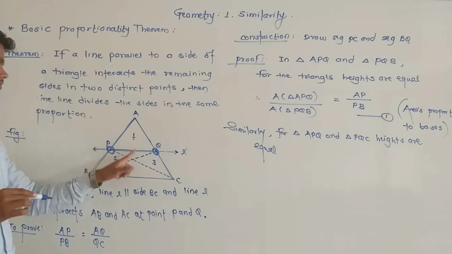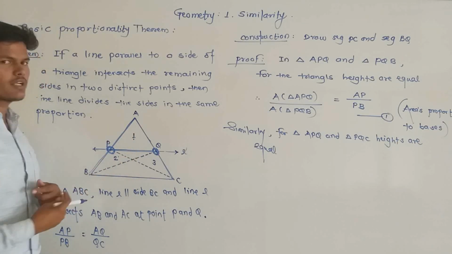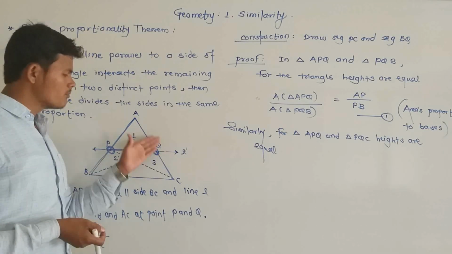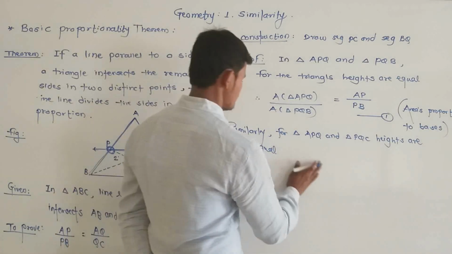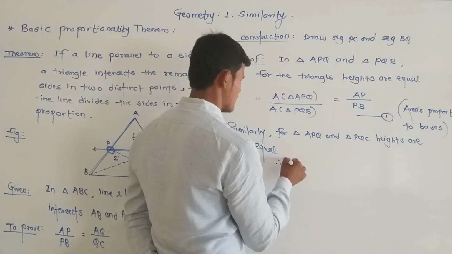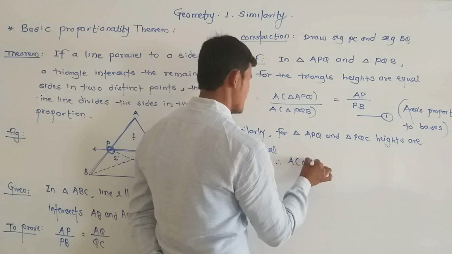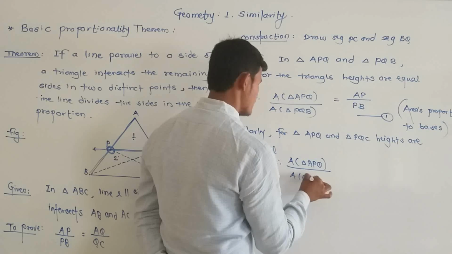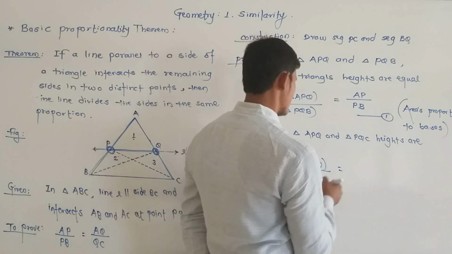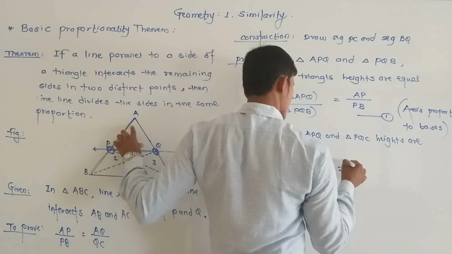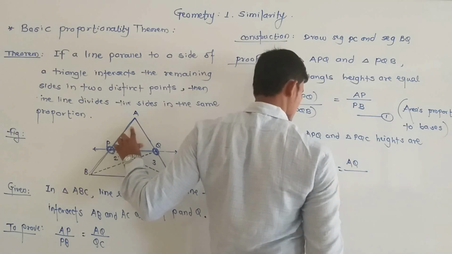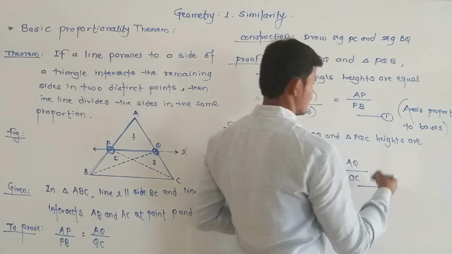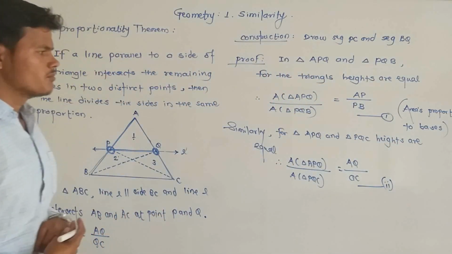Both the triangles share one common vertex, that is P. And if two triangles share one common vertex, then their area is proportional to their corresponding bases. So write down the ratio of areas of triangles. So the ratio of area of triangle APQ and area of triangle PQC is equal to, area is proportional to their bases. So for triangle APQ, the base is AQ, and for triangle PQC, the base is QC. This is equation number second. Why? Area is proportional to their bases.